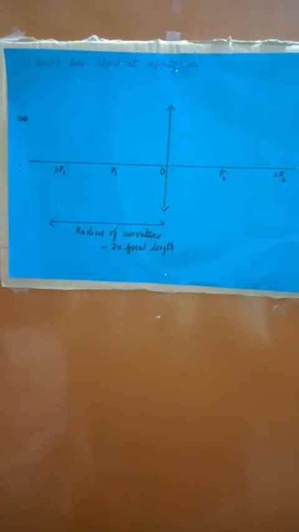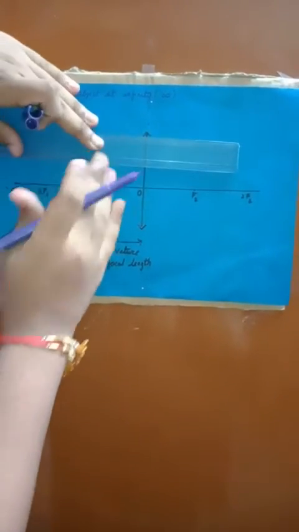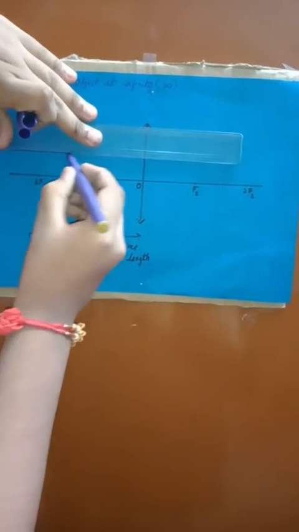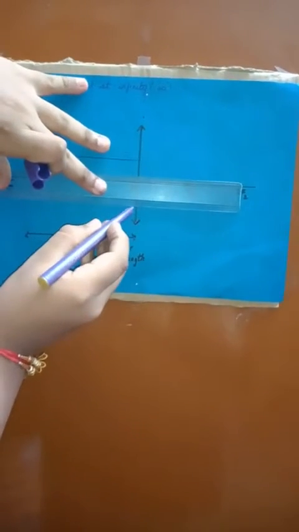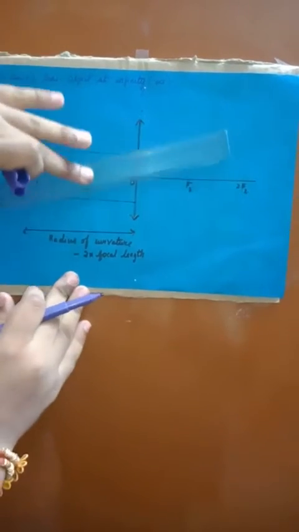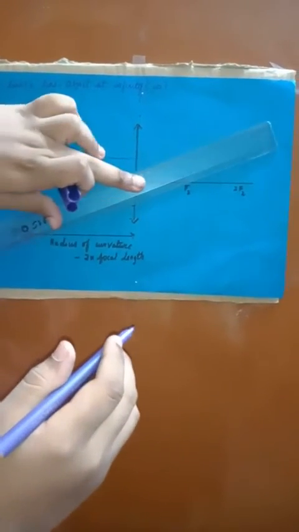Let me consider an object placed at infinity, which is a very far distance, so we can't name it. Because it's at infinity, let us consider two rays which are coming parallel to the principal axis, down the principal axis and up the principal axis. After refraction, where would the rays meet?